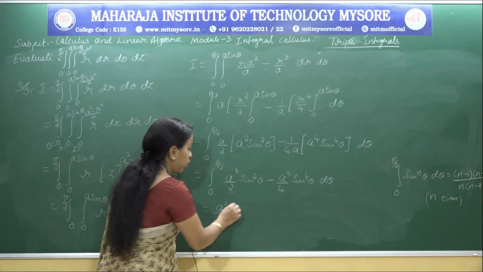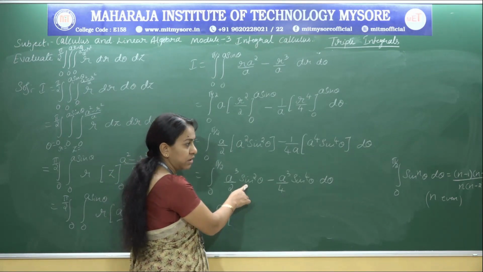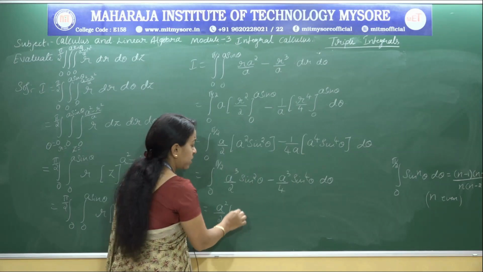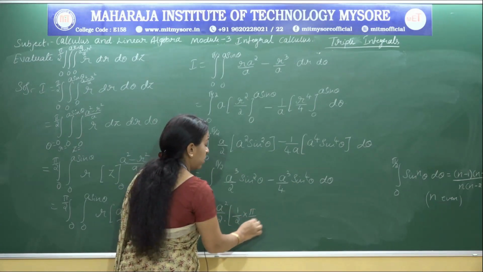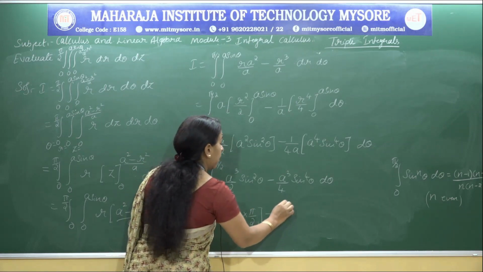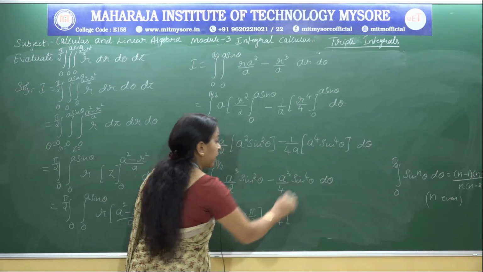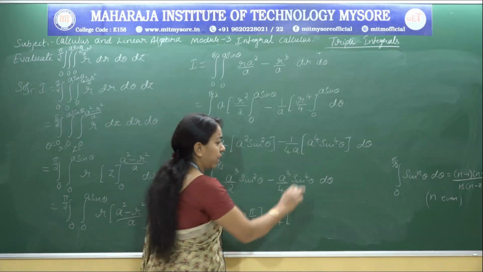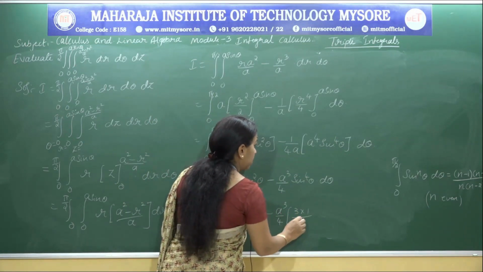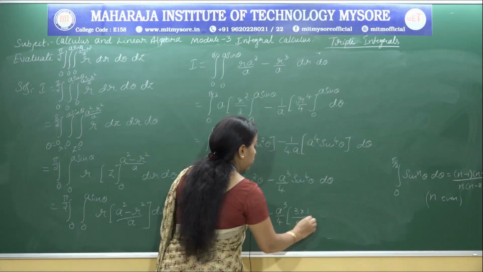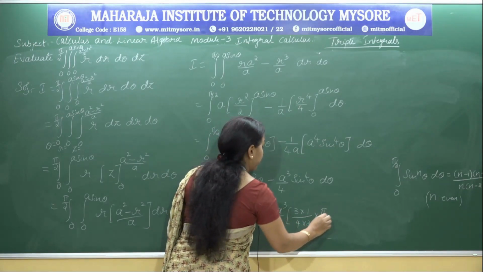So a cube by 2 into, in this case n is equal to 2, so 2 minus 1 is 1 by 2 into pi by 2. And in the second, a cube by 4 into n value 4, so 4 minus 1, 3 into 1 divided by 4 into 2 into pi by 2.